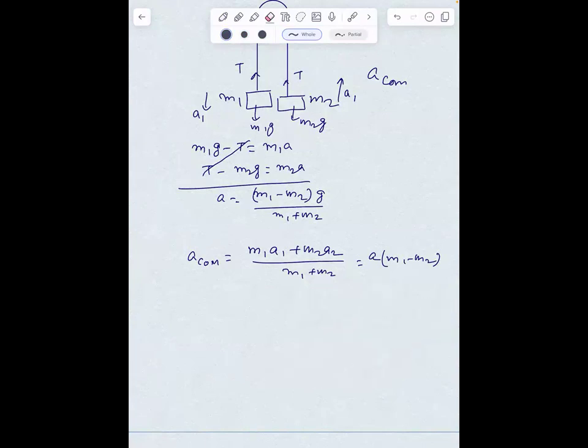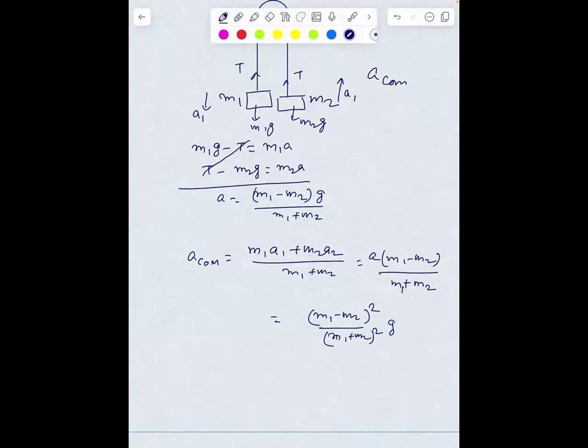Why M1 minus M2 I have written, because I have taken A positive for A1 and negative for A2. Upon M1 plus M2. So this acceleration A I can write M1 minus M2 whole square upon M1 plus M2 whole square.